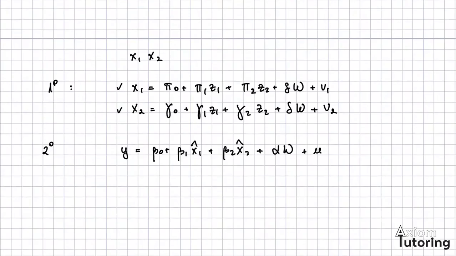Now, regardless of how many variables or instruments you have, the logic will never change, okay? First stage, predict each endogenous variable using instruments and controls. Second stage, use predicted values in place of endogenous variables.